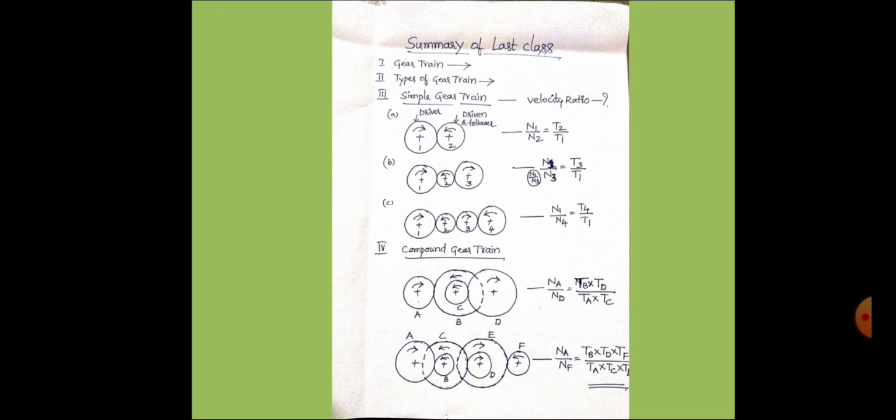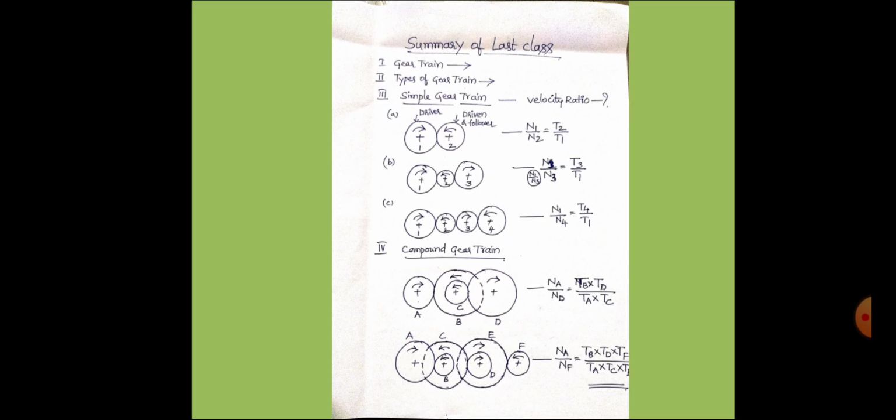Once the speed is known, with that you can calculate the torque, and then further, at the end, how much power your gear train, which is being designed for a certain application, can transmit. So overall, the idea of undergoing a gear train analysis is to find a velocity ratio, followed by, if required, torque and power also.